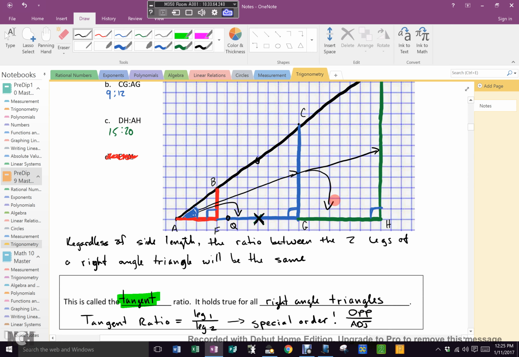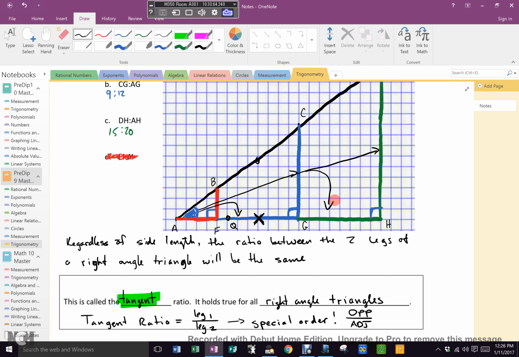What do you think opposite means in trigonometry? Across. Yeah, what's facing it. Does everybody understand that? So right now, who is opposite of me? Vicky. Who is adjacent to Vicky? Sophia. There you go. Everybody got it? Okay. Adjacent means beside.